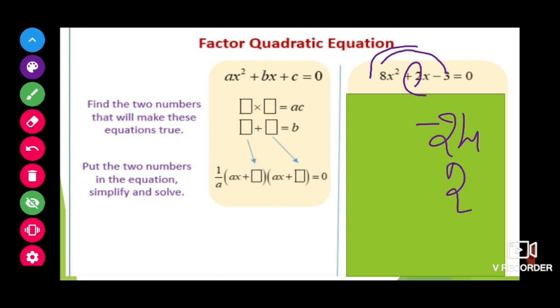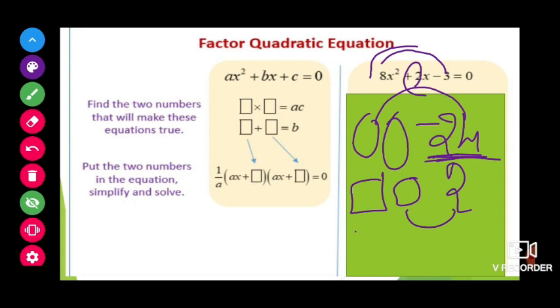Then we have to take the factors of 24. If we multiply, we should get this. If we add, we should get this. Then using these numbers, we split the middle term and then we take the common. Again, I will explain this concept in the exercise. It will be more clear for you further on. If you do not understand, please watch the video again and again.